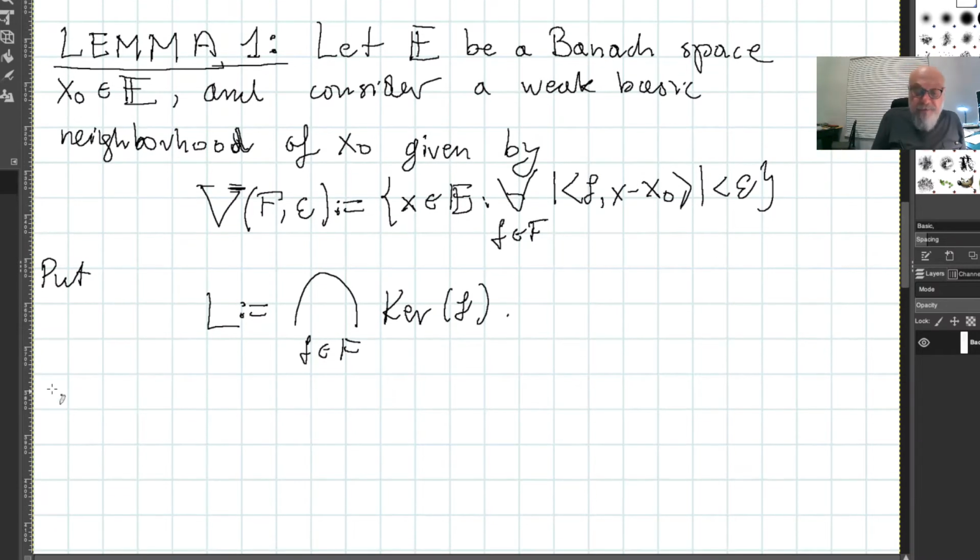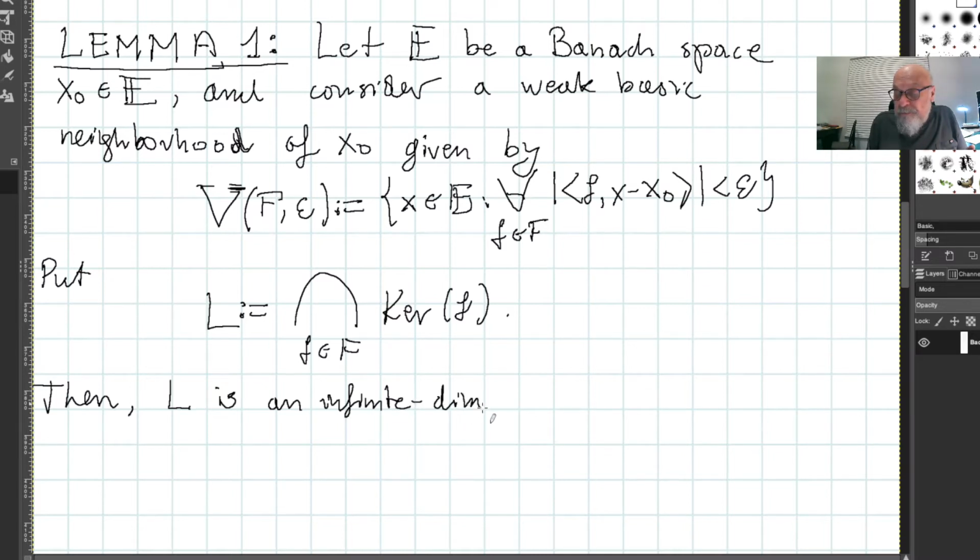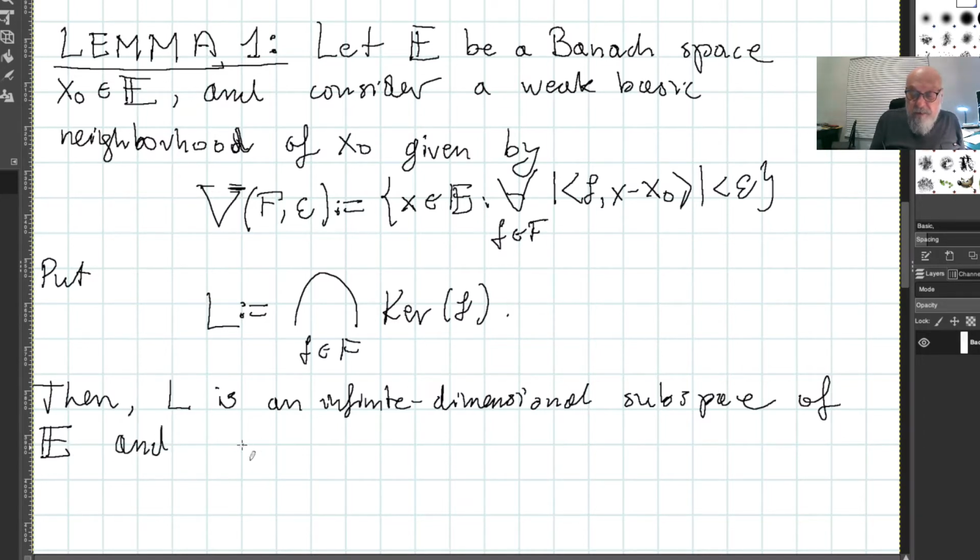Clearly L is an infinite dimensional subspace of E, and what do we have?